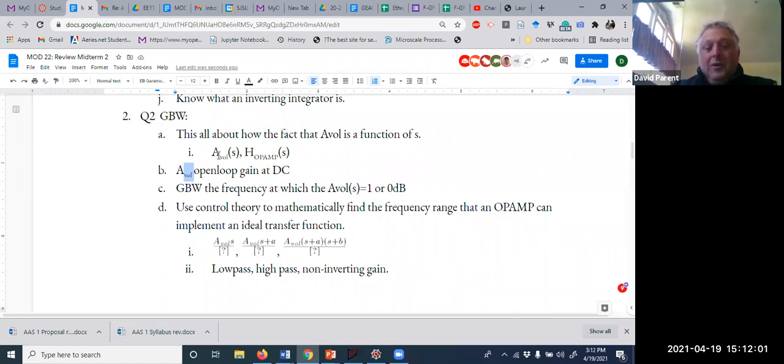That's why rather than use this term, I use the gain bandwidth. It's the DC spot, and the spot where the open loop gain equals 1 or 0 dB.